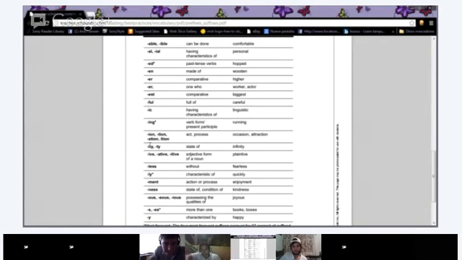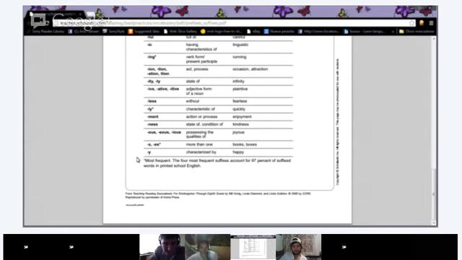Okay, all right, you guys. So very good. Now, does anybody have any questions about prefixes? Why we have one, why we don't have another, how they work. Are there any questions about prefixes or suffixes at this point? No questions.